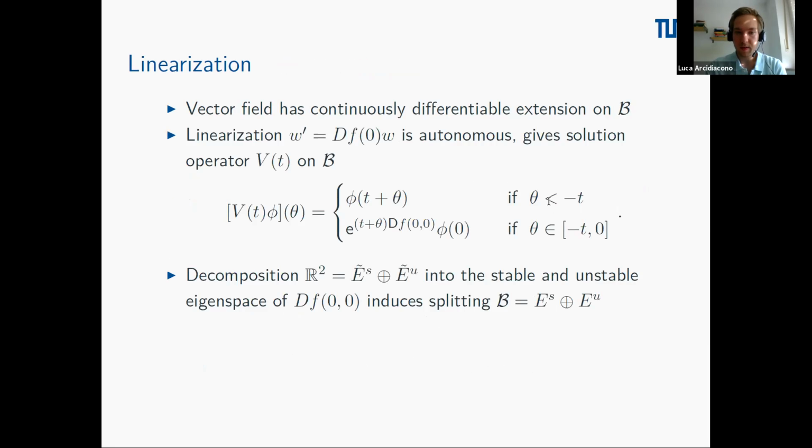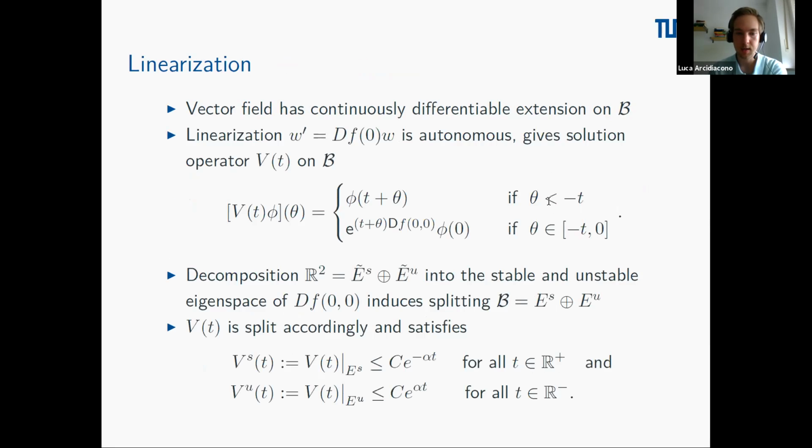Well, we assumed that the matrix DF was hyperbolic, so there is some decomposition of the two-dimensional space into stable and unstable eigenspaces. And according to this decomposition, we can also find a decomposition of our phase space B of history functions. And it turns out that on the unstable eigenspace, we are able to extend the linear solution operator not only for forward time, but also to negative times.